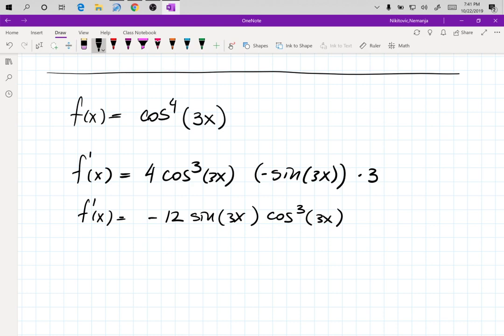Now at this point, you can go and set both of these to 0 and solve, but there is one cooler thing that you can actually do to reduce the cosine to the 3 to the cosine square. It doesn't matter, but it's just to flex a little bit. So what you can do is steal 2 sine 3x cosine 3x, put that on a pile, and then multiply by the leftover of negative 6 cosine square of 3x.